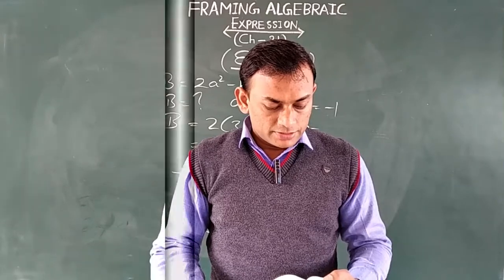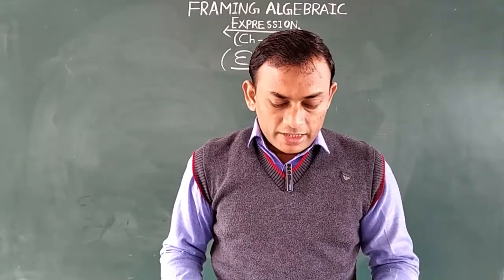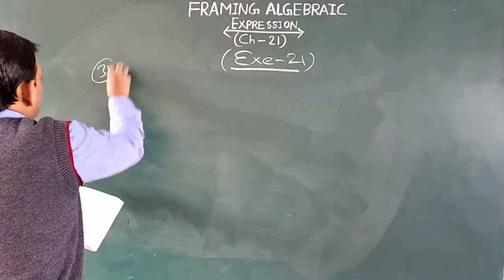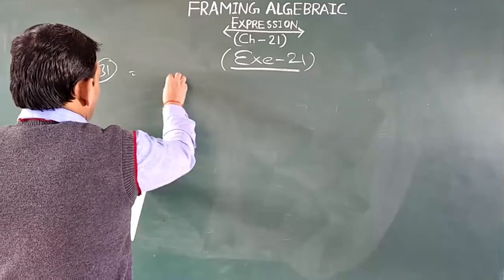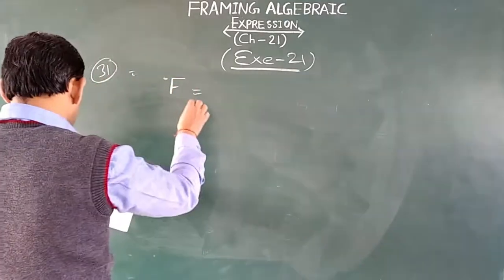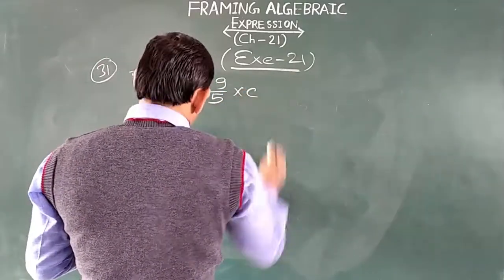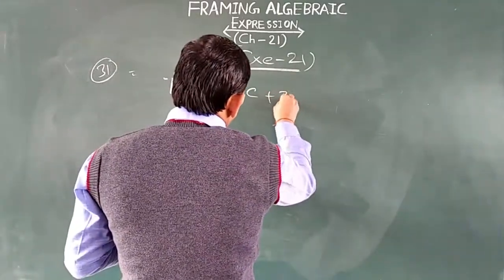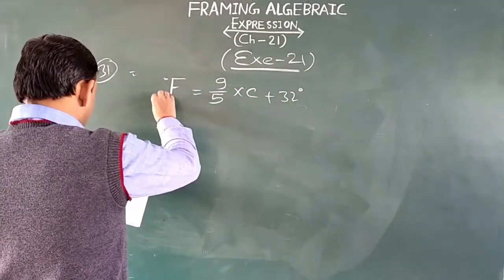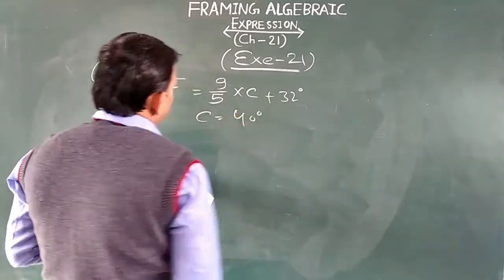Now the last question, that is 31, I am just going to tell you. Here again one formula is given. It is the 31. F means Fahrenheit, degree Fahrenheit is given as 9/5 multiplied by C plus 32 degree, and you have to find the value of F if C is equal to 40 degree.